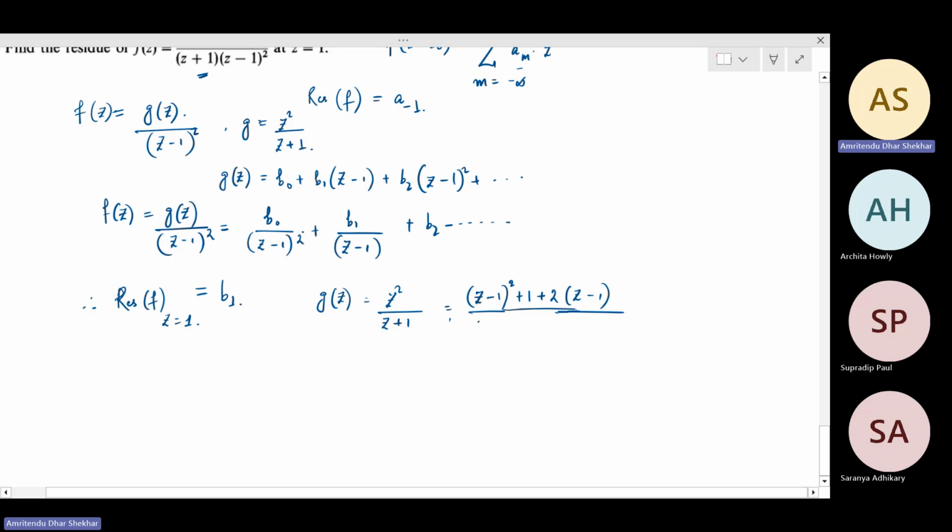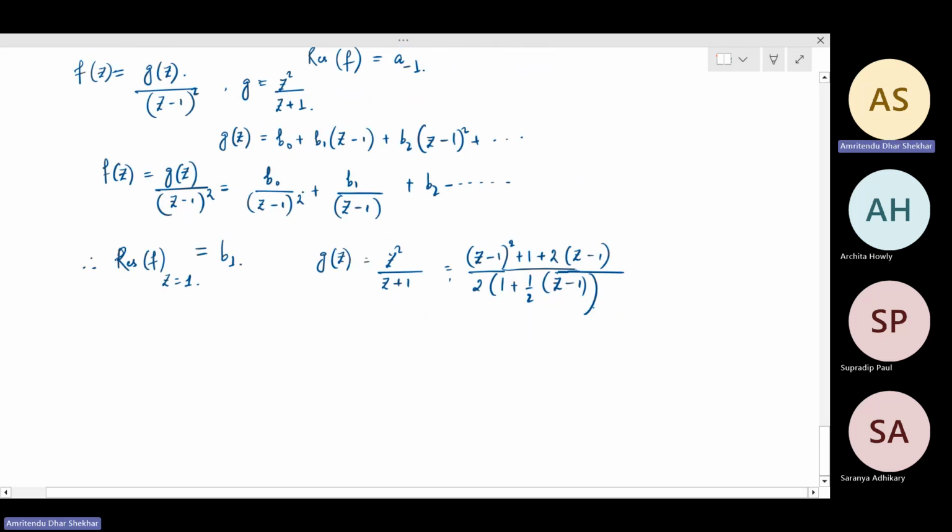Write this as equal to 2 times (1 plus half times (z minus 1)). Now let us do the expansion as usual.